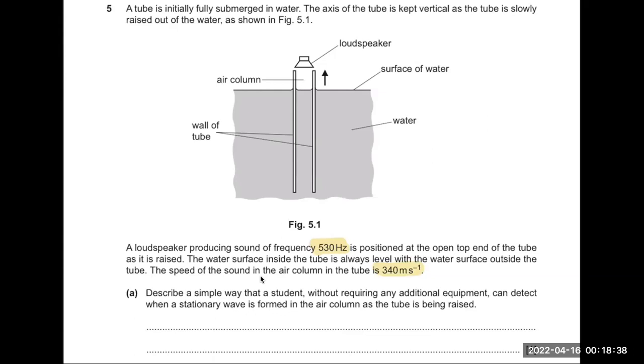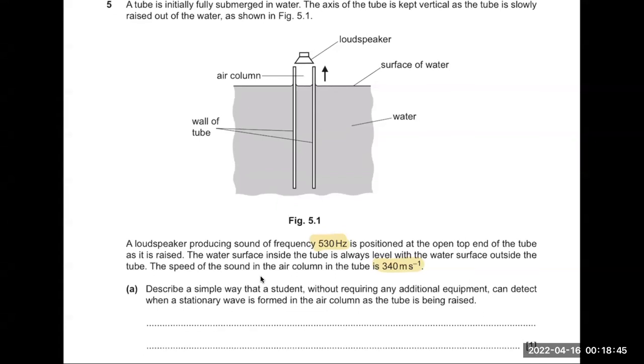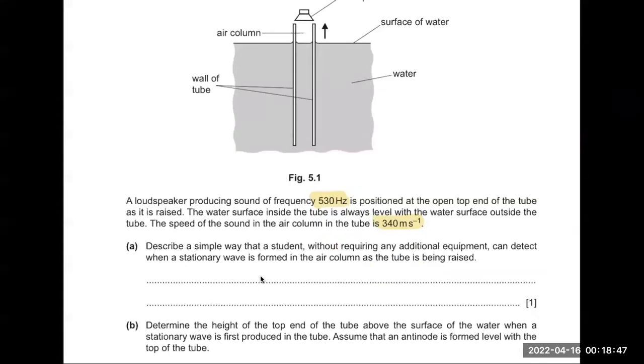Describe a simple way that a student, without requiring any additional equipment, can detect when a stationary wave is formed in the air column as the tube is being raised. So whenever a stationary wave is formed inside any air column, what do you observe? How do you figure out that there's a stationary wave being formed?